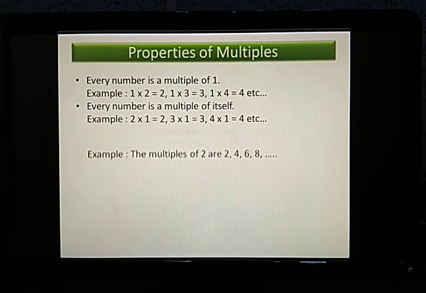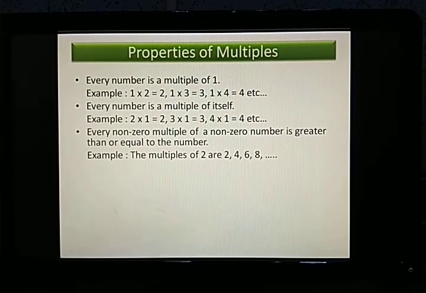Clear? Now next property is every non-zero multiple of a non-zero number is greater than or equal to that number. Here also, just like factors, whenever you find the multiple, it will always be equal to that number or greater than that number. Say for example here some multiples of 2 are given.